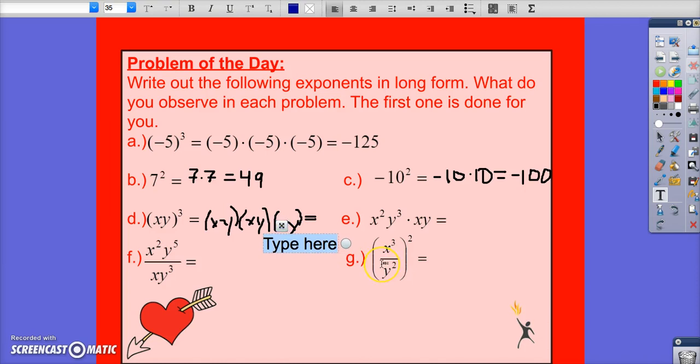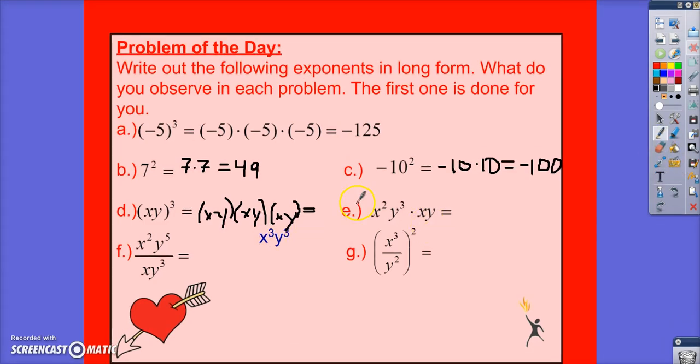I get x to the third, y to the third. I'm going to squeeze this over here for a second. So how did I go from, I wrote 3 times, now I say I have 3 x's, 3 y's. What you could simplify to is that you could distribute the 3 to each, all right?